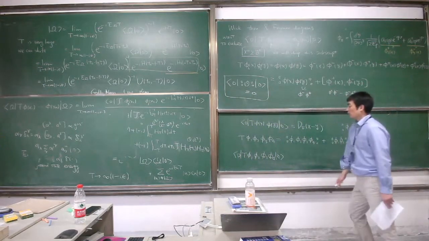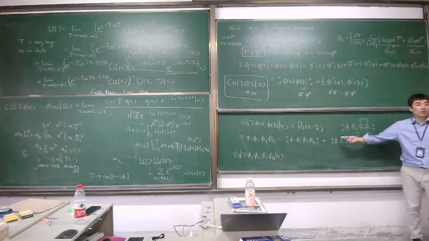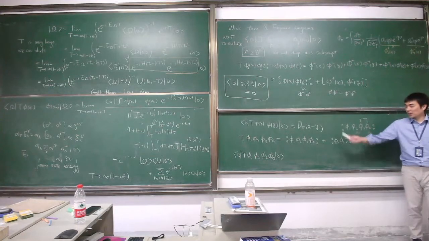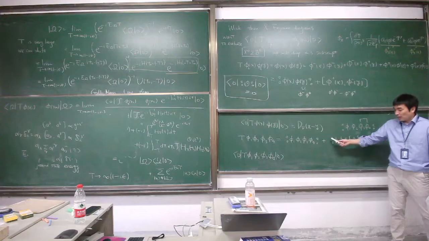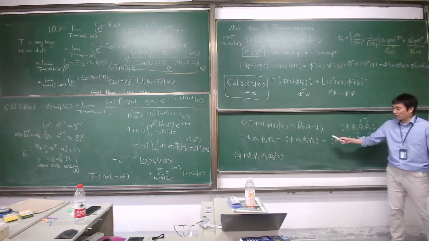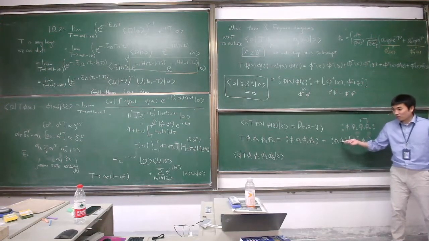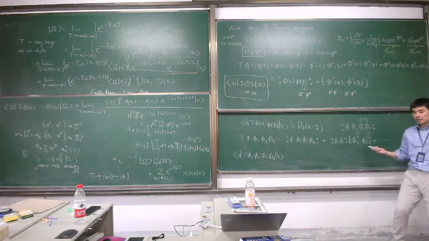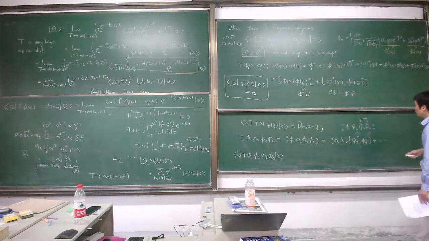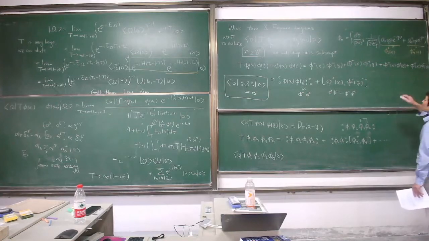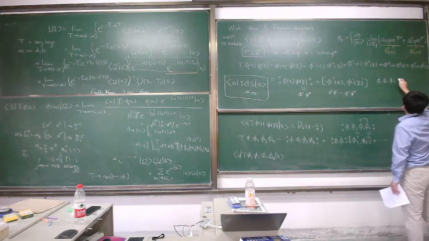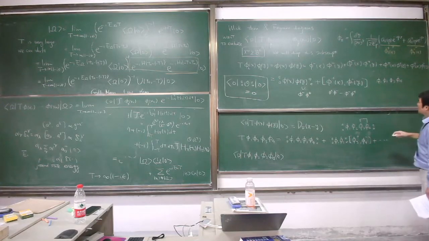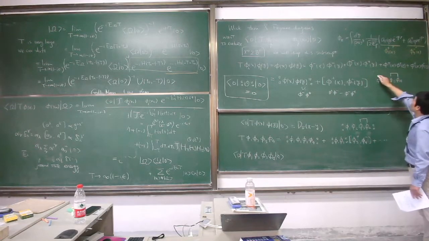And if you have a normal ordering operator and you sandwich by vacuum, this normal ordering operator always annihilates the vacuum. So therefore, what we need to do is, essentially, if you have phi 1, phi 2, phi 3, phi 4, you need to contract twice.